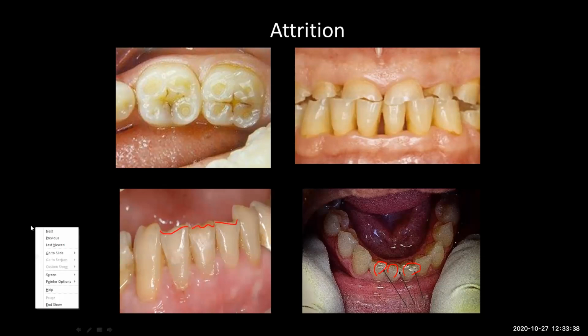So when you have the patient do their excursive movements, so you ask them to bring their lower jaw forward so their front teeth are biting edge to edge, you're going to be able to see them fitting like this, or side to side for that canine protective occlusion, canine to canine cusp tip. The only thing that should be touching when you're canine cusp to canine cusp, top to bottom, are the two canine cusps.